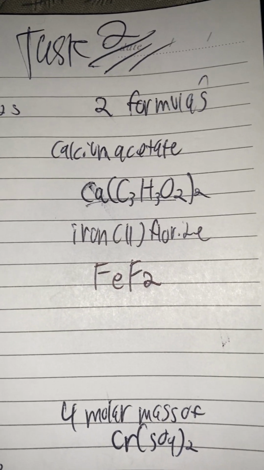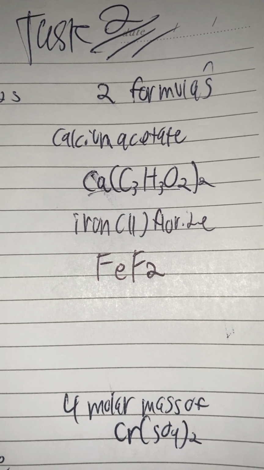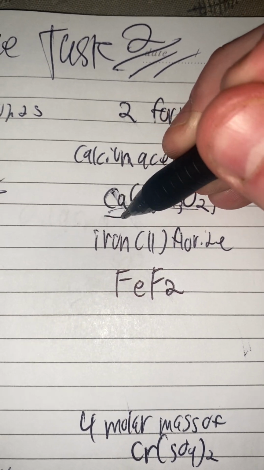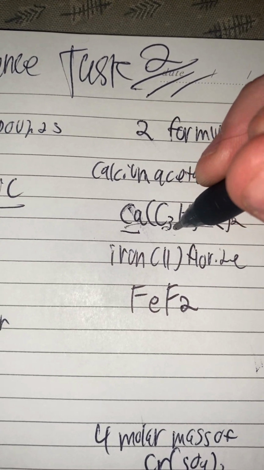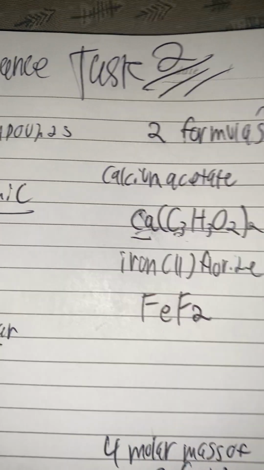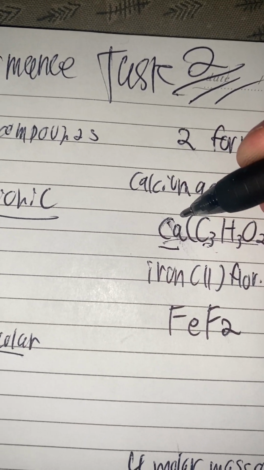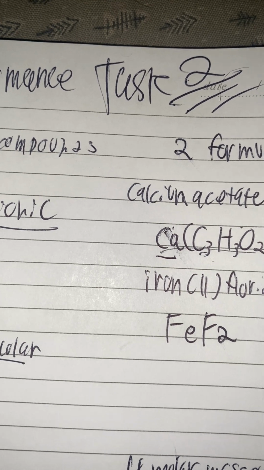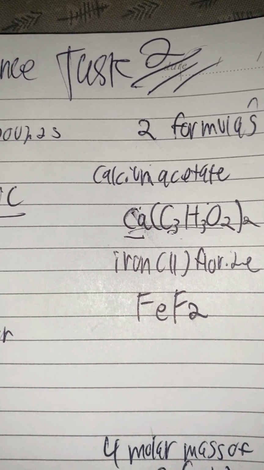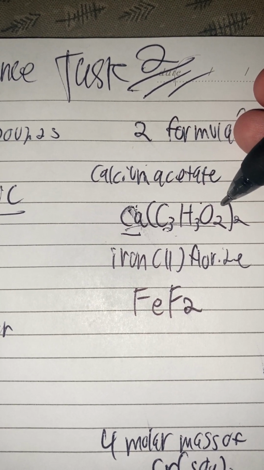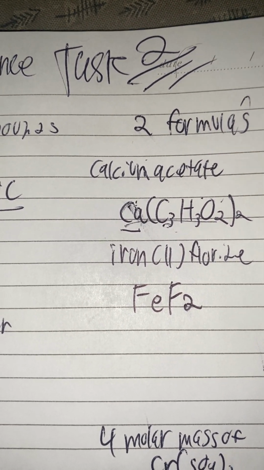And I mostly followed the IUPAC rules, and I noticed that this is calcium, and this was acetate in the IUPAC rules. So I connected the calcium together with the acetate, or it was originally called acetic acid, but I don't think we would be calling it calcium acetic acid. So I just plug them together, calcium and the acetic acid, and I got calcium acetate.